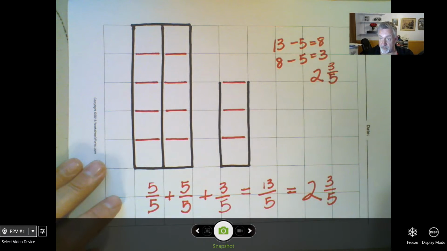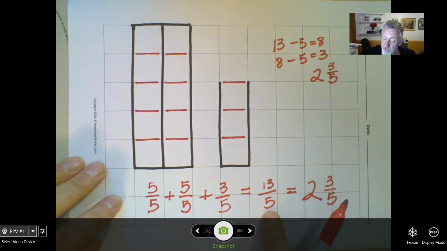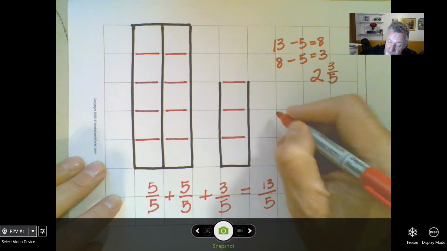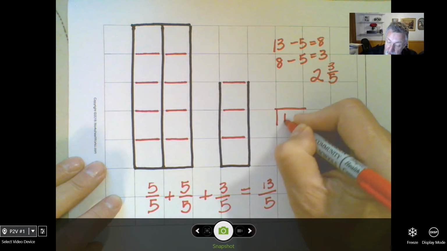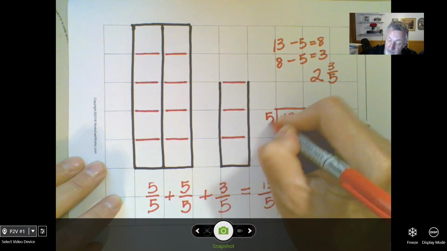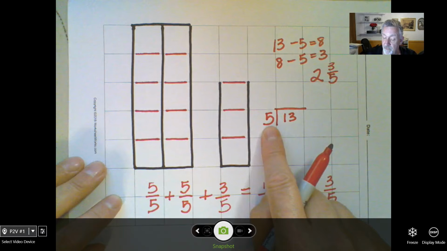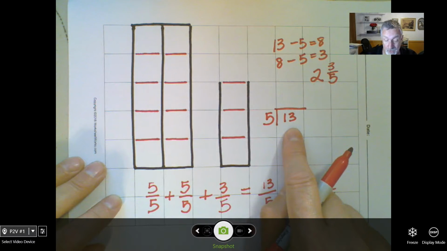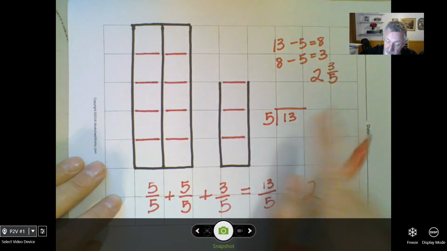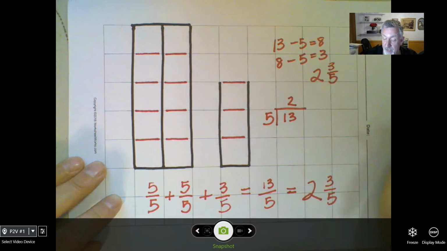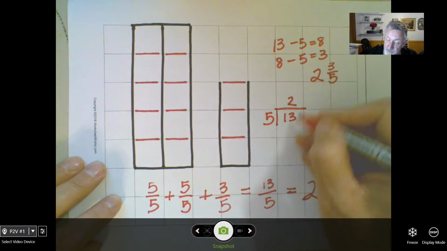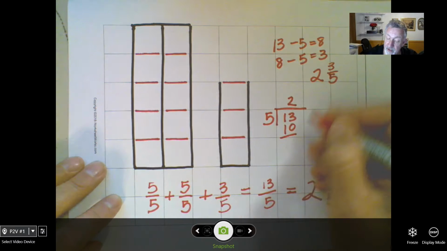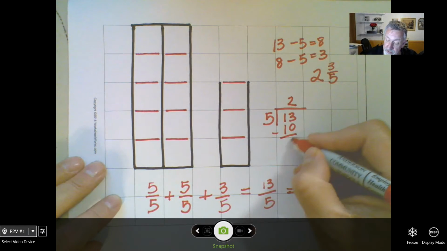Another way I could look at this is as a division problem. What is 13 divided by 5? 5 goes into 13, 5, 10, I can get 2 out. 15, I can't get 3. I can get 2 units out. 2 times 5 is 10. 13 minus 10 is 3.